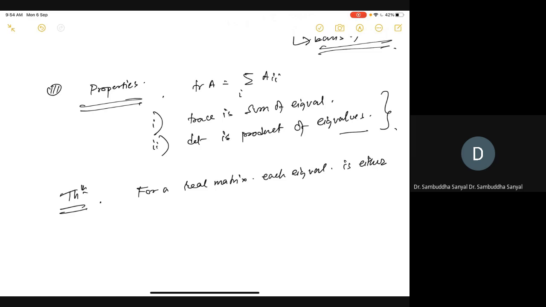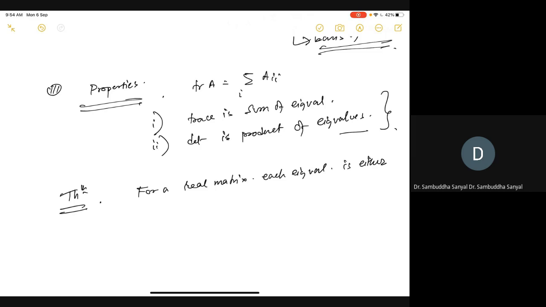You can try to show that any similarity transformation will not disturb your trace, and that is obvious, because the way we define similarity transformation, the eigenvalues are going to remain intact. So the trace and determinant are invariant, and that is the power of these things. They are basis invariant quantities, and that's why they are often connected with various physical objects.